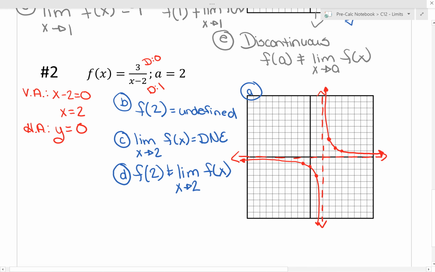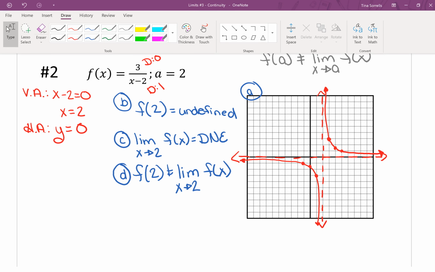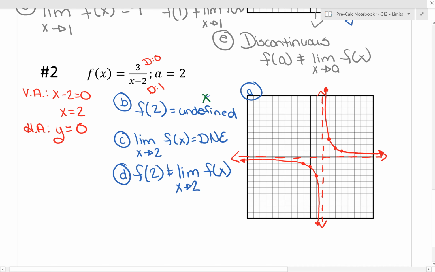Okay, because remember we said that f of a must be defined, so we're already wrong here. We also said that the limit as x approaches a of the function must exist. Well, this is wrong here. So therefore, it basically failed.